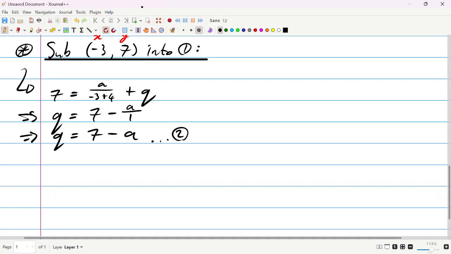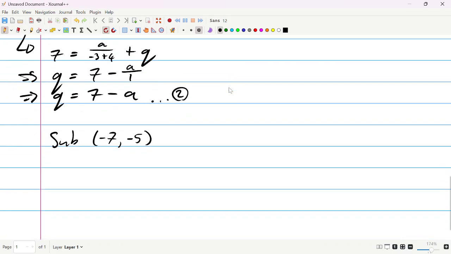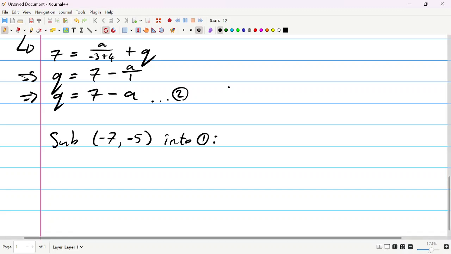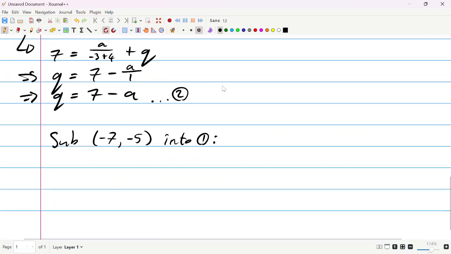Now we're going to sub in the other point. So sub in, what was it? -7 and -5, right? I hope so. -7 and -5, 100%. Into 1, the original one that we had, right? Because 1 was equal to this incomplete equation.